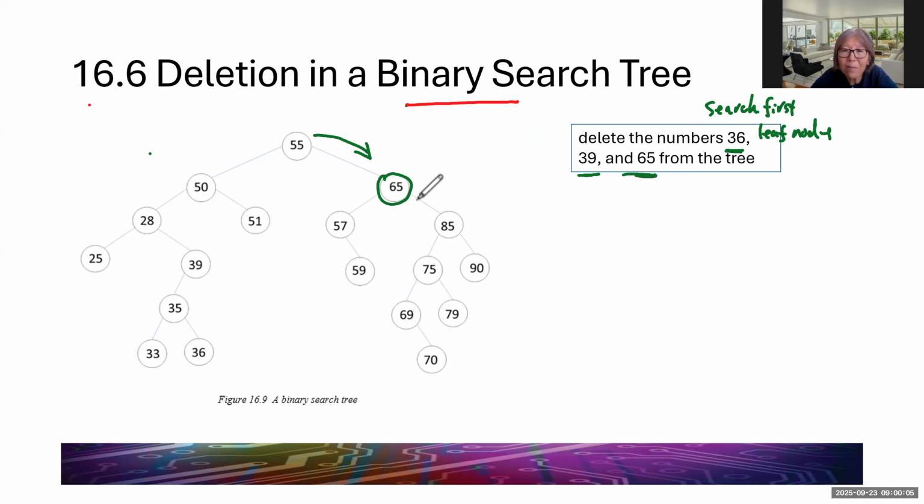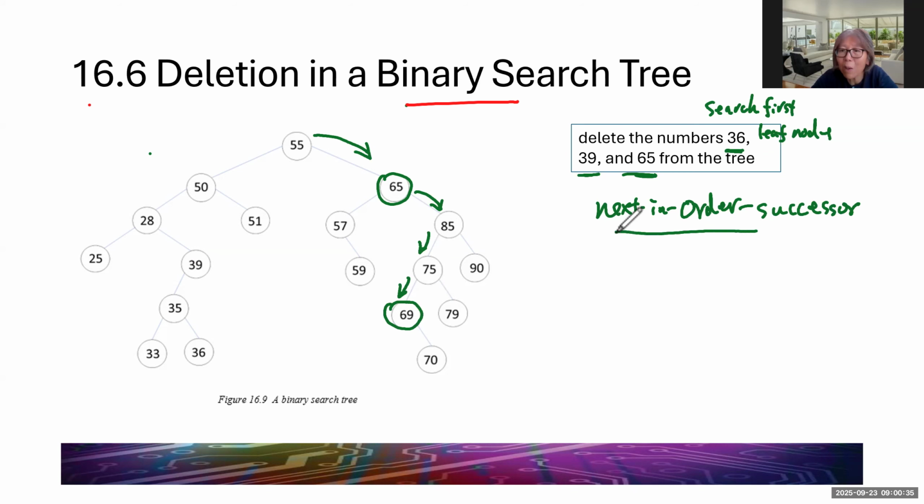The idea is you first need to find its next in-order successor. The next in ascending order is this one. How to find it? You go to its right and then move to its left, all the way. Okay, then we can find that 69 is its next in-order successor.